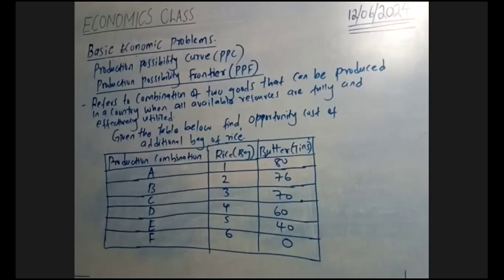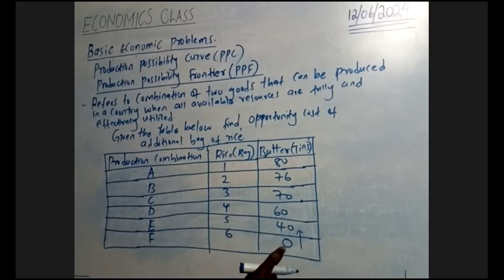For example, tukianzia hapo kwa 0. If the country produces 0 butter, the number of rice itakuwa ni mingi kwa sababu no resources are being transferred to the butter. Kama there is no resource being transferred to the butter because they are producing 0, ni kumaanisha all resources will be shifted to rice, and therefore we shall produce more bags of rice, which is 6. Now, if we increase to 40, for example, from 0 to 40, it means we end up giving up 1 unit of rice in order to produce 40 tins of butter.